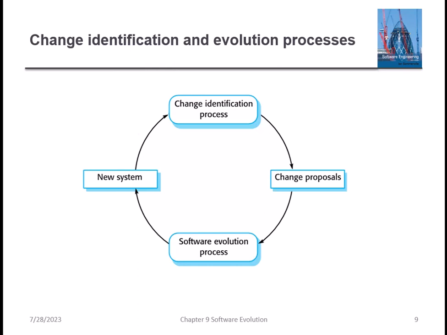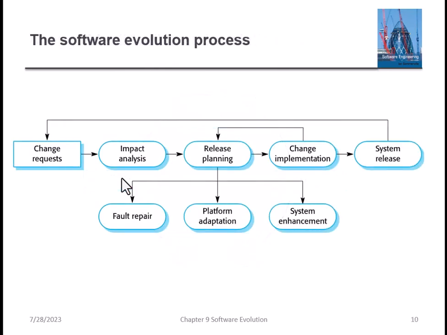So change proposals or change requests come, then the evolution process takes place, and the new system is deployed. Then when the new system is operated, new changes can further come. It can come abruptly, or it can take time, but the cycle goes on. Now this is the detailed software evolution process.